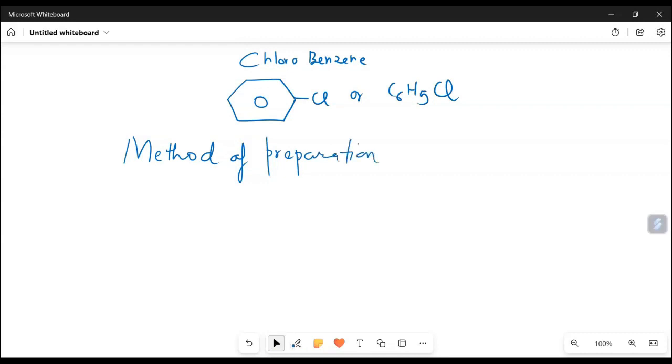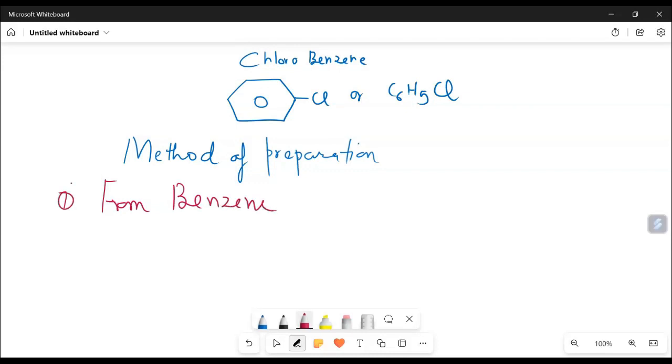So the first method of preparation is from benzene itself. If there is benzene, it is added with Cl2, right?